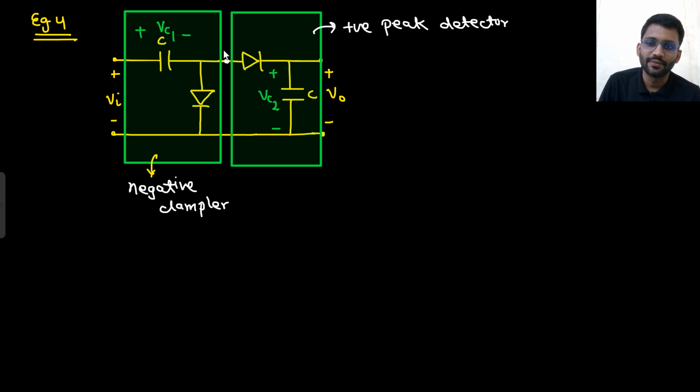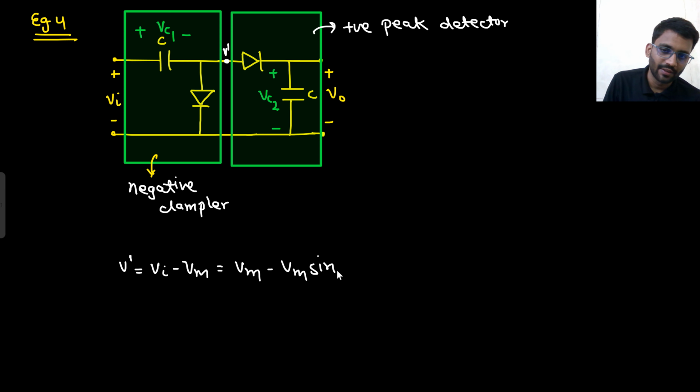Let's call this potential V dash. What will be the value of V dash? It is a negative clamper, so V in minus Vm. That means Vm sin omega t minus Vm.